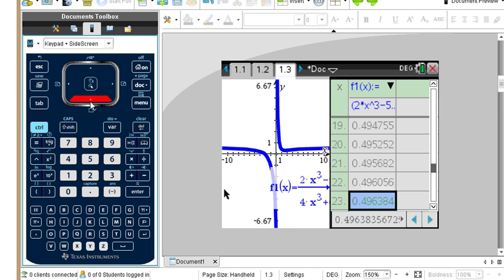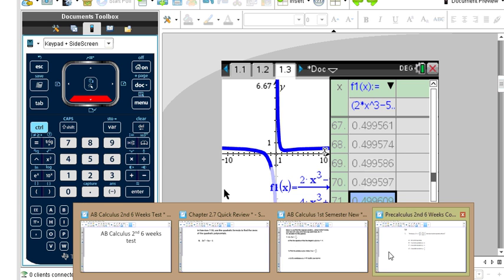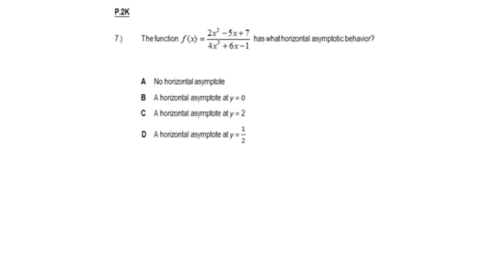Now, I hope you can see that here we have 0.498, okay? And what number is being approached? 0.499. As we go on, we're going to get closer and closer to 0.5. 0.5 is very close to which fraction? 1/2. So D is going to be our correct answer.